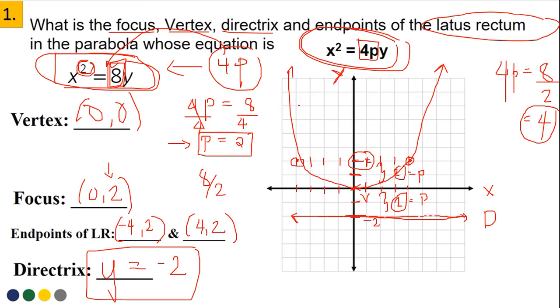Kaya yung 4p dyan is 8. Kaya, pataas din yung focus mo, pataas din yung graph. Hindi siya pwedeng mag-downward kasi, sir, paano pag yung equation ko dyan is x squared is equal to negative 8y? That's the time na magda-downward ka. Okay? Nagigets nyo ba? Nasagot ko ba yung tanong mo? Yes sir, thank you po. Okay, let's move on to the next one.